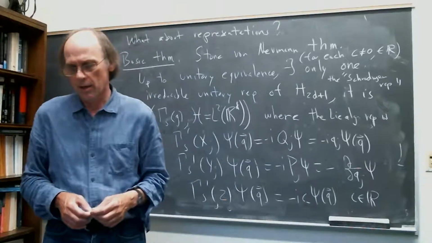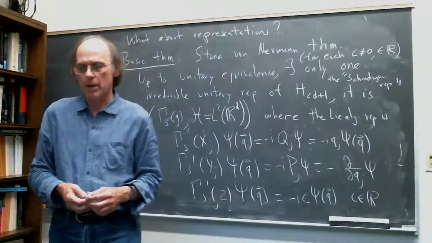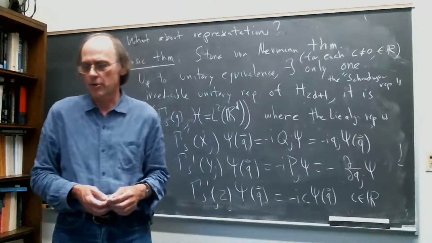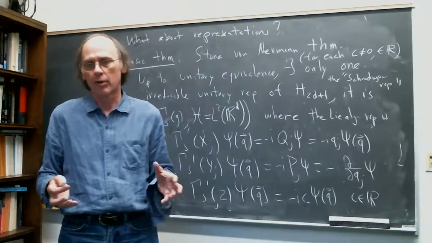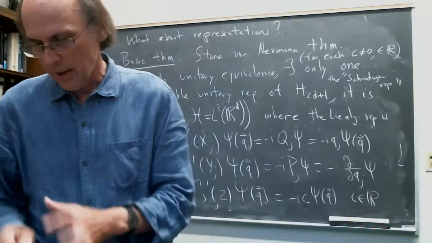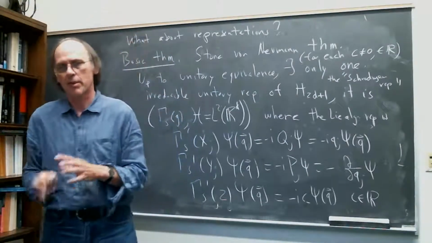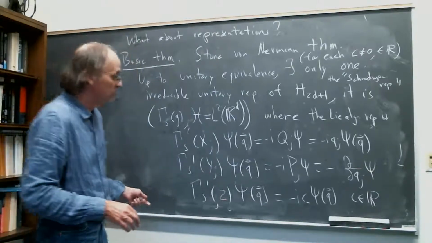Again, I'm going to think of it at the Lie algebra level, and I'm going to start by motivating it with some physics, the physics of Hamiltonian mechanics. That's what we'll start now.